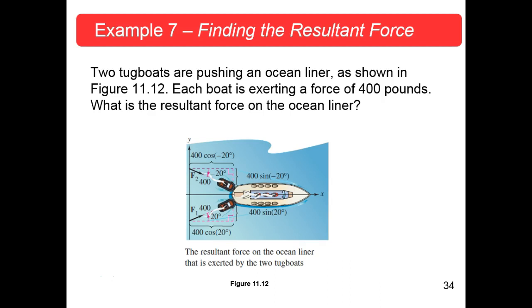Up here, this one with a minus 20, its horizontal component is going to be 400 times the cosine of negative 20 degrees, whereas the vertical component is going to be 400 times the sine of negative 20 degrees. Now, I need you to help me remember something. How are cosine 20 and cosine negative 20 related?